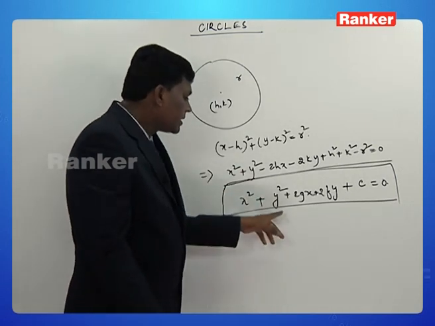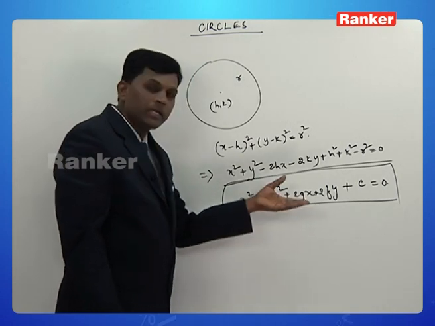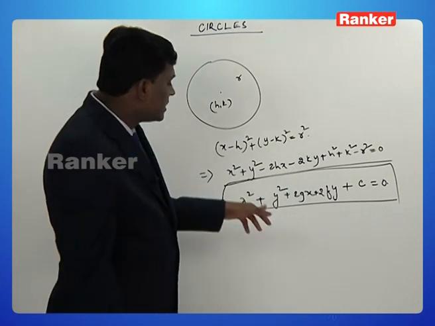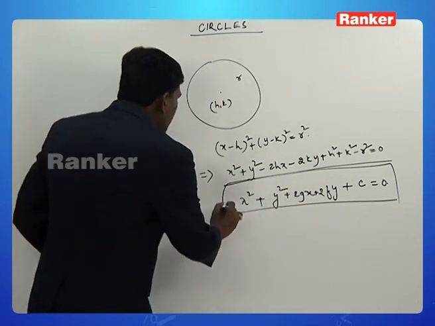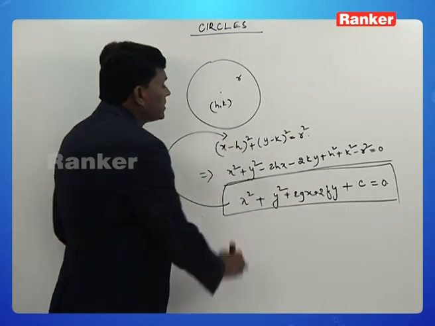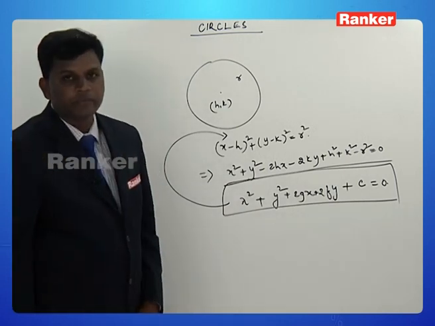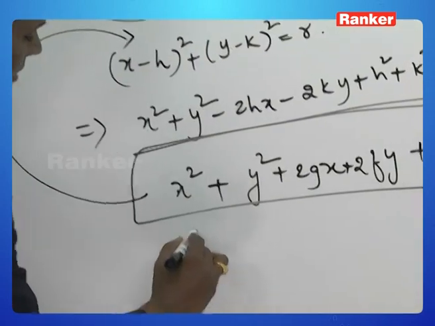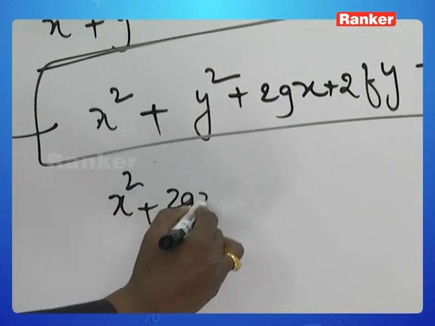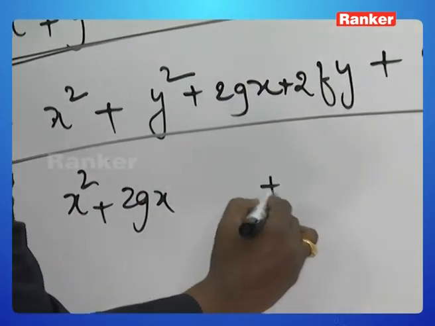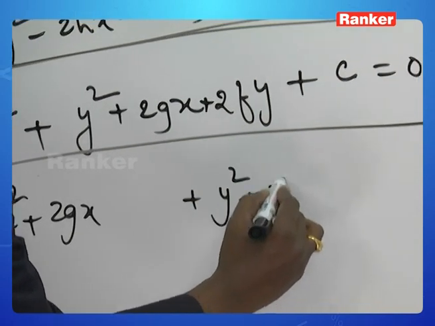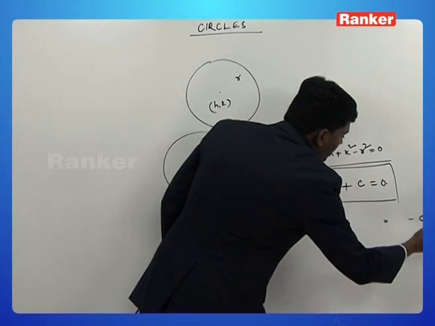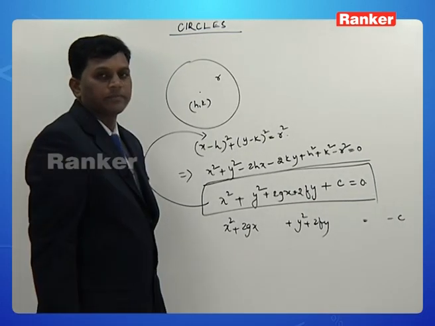If it is representing a circle equation, we must analyze what its center and radius are. To get its center and radius, we should convert it into center-radius form. It is very simple from this equation. Write the x square and 2gx terms together plus the y square and 2fy terms together, and transfer the constant to the right side, which becomes minus c.